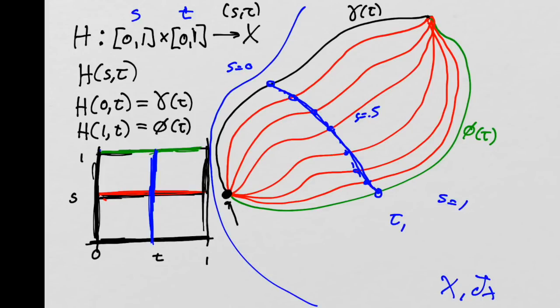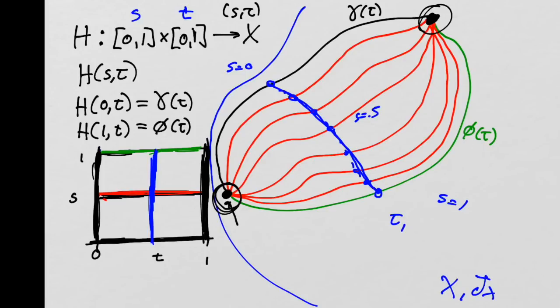And when T equals 1, every one of these paths has ended at this endpoint here, right? So those two, these are constant maps, right? The mapping from this subset of the domain into the range is a constant map. Okay, so that is how we define homotopy.